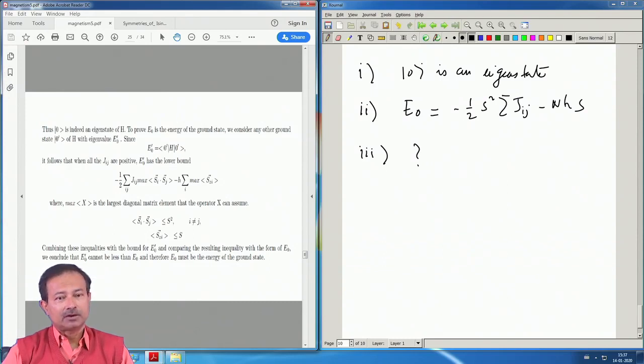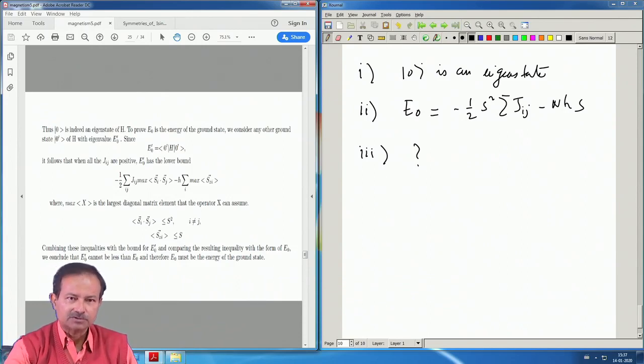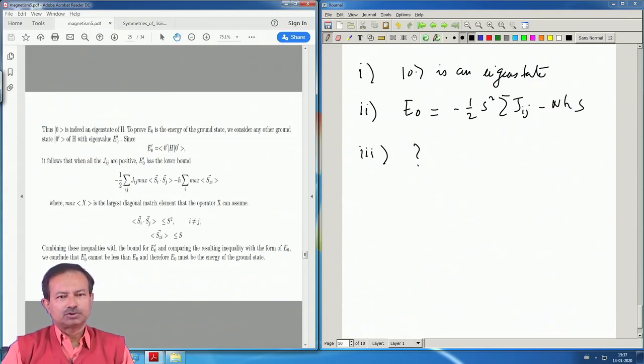But suppose I can show that this is the lower bound for any eigenvalue of any other state, the lowest bound you can have. Then of course I am home. I can claim that this is the lowest energy eigenvalue, and therefore this is the ground state. Basically, I will have to show that there is no other state whose energy is lower than this.